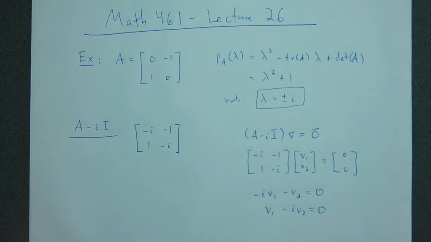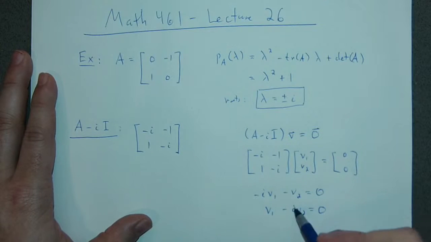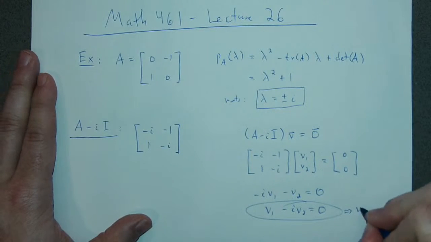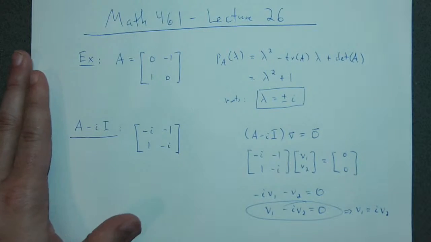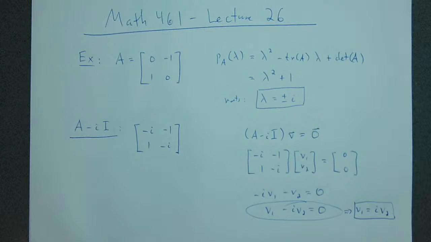For 2 by 2s, if you've gotten used to how this works, we did an example of this last time, you'll see that we only have to actually use one of these equations. That's how it's going to work out for these 2 by 2s. For instance, I could use the second one. Using the second one, this tells me that v1 is equal to i v2. And so I actually get a free choice here.